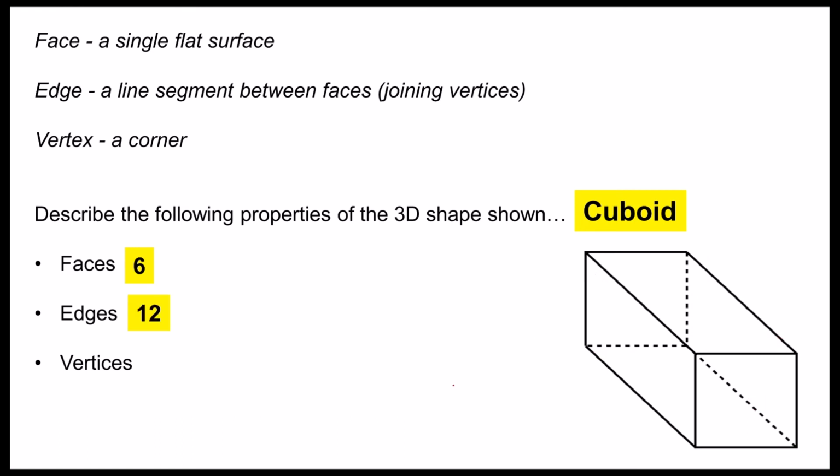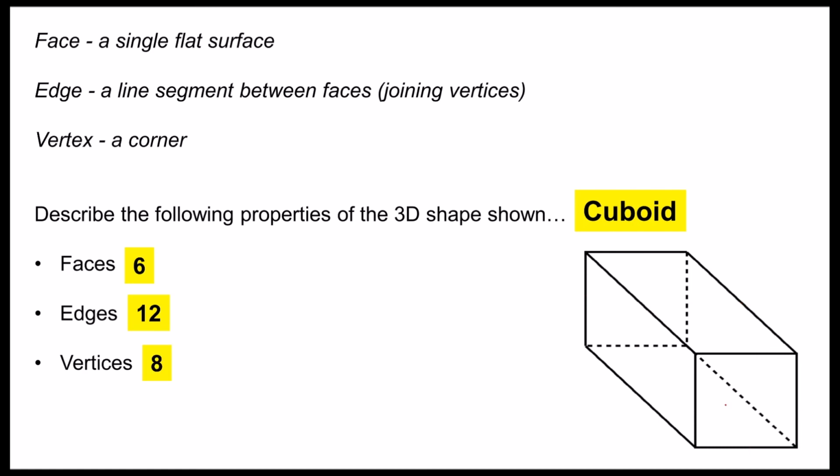I have 12 edges. These are the lines which make up my 3D shape. So I have 1, 2, 3, 4 on this front face, 5, 6, 7, 8 including the face at the back, 9, 10, 11, 12 if I include the edges which join these two faces together.